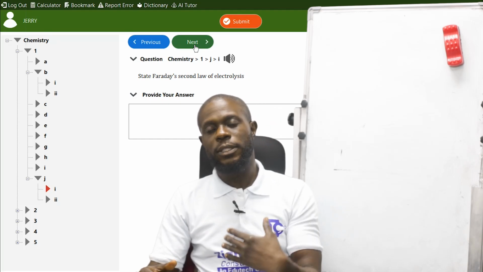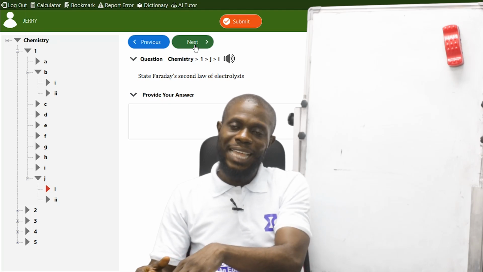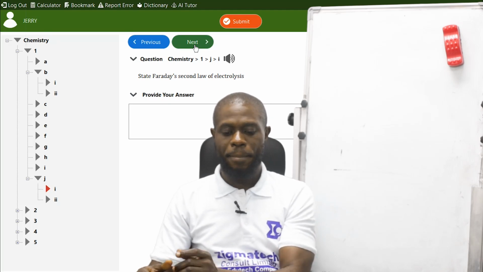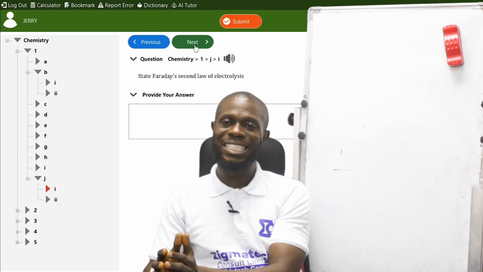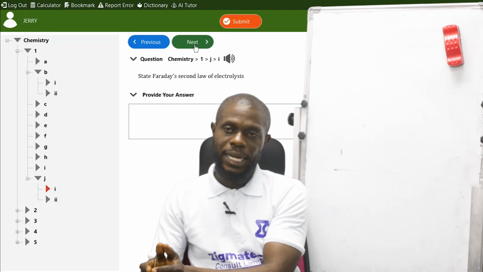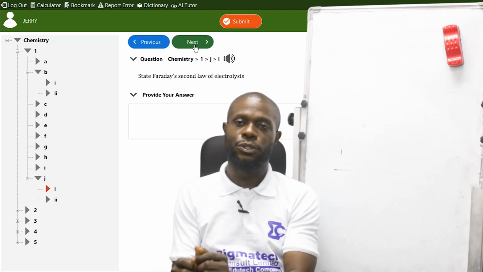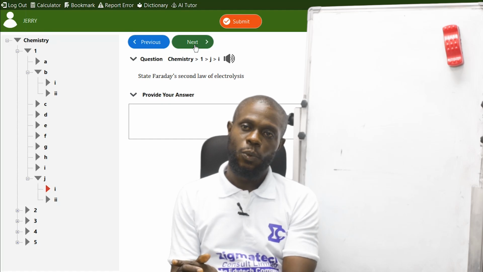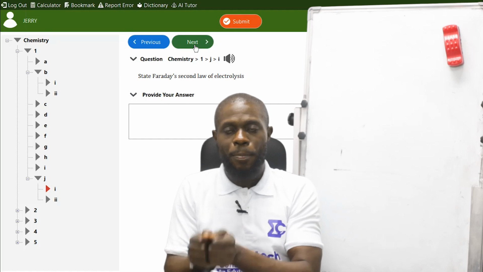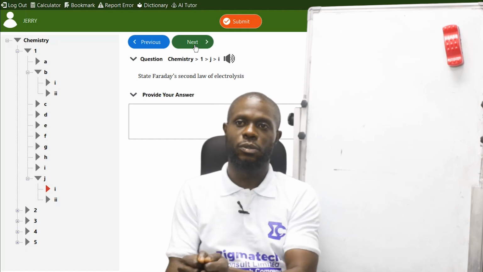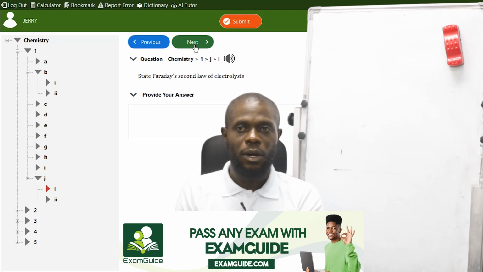Now, if current is passed through them, the amount of ions deposited at the electrode will equal the chemical properties of the electrode.